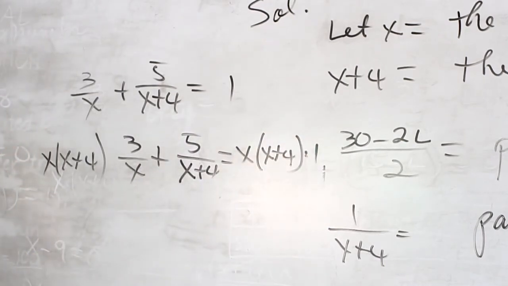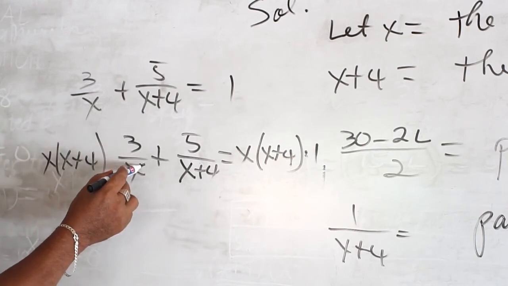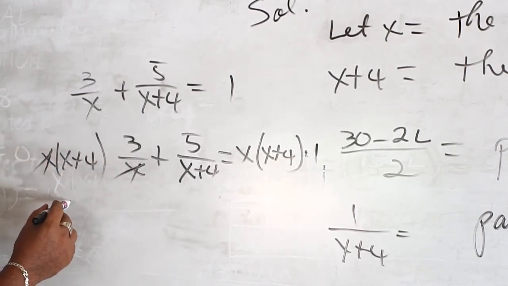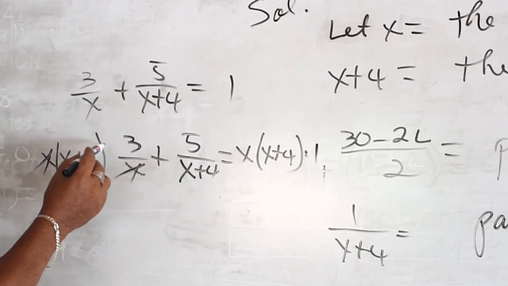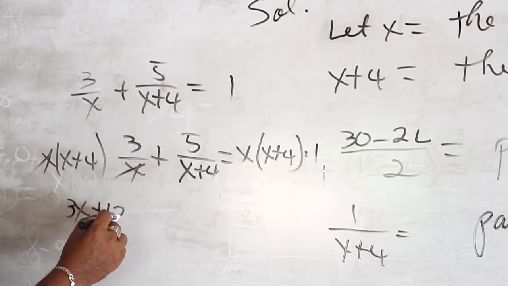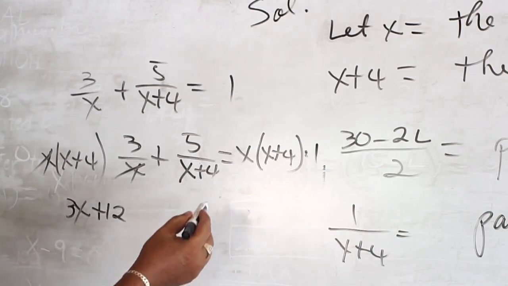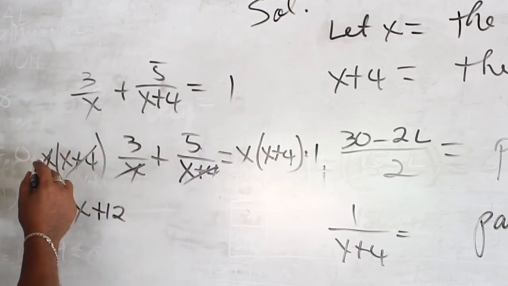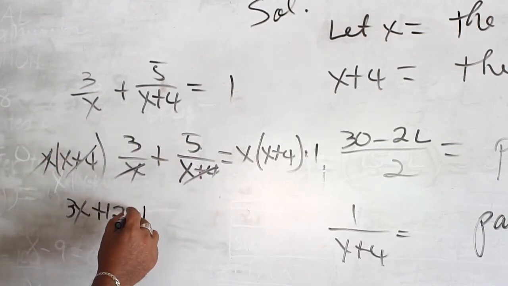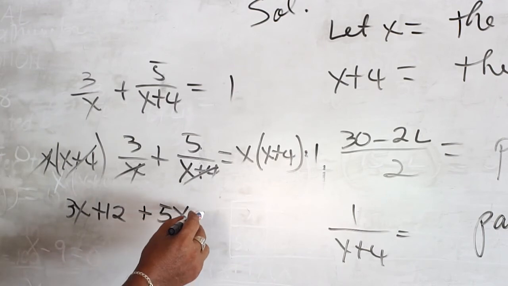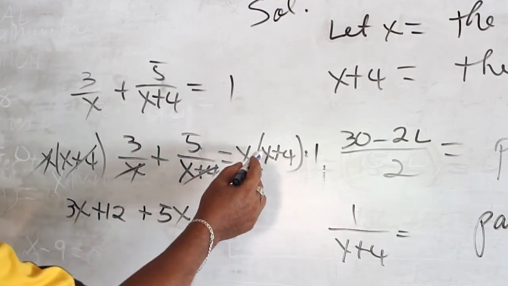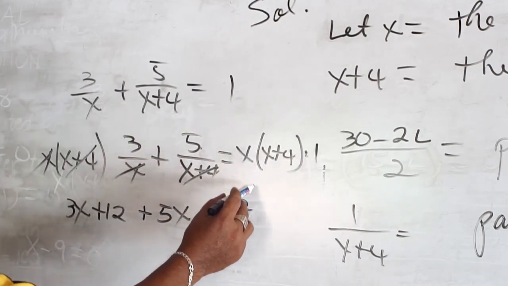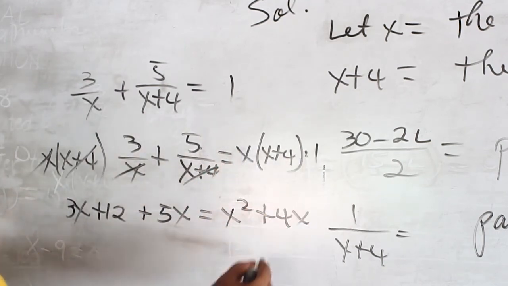Then multiply, and we cancel. 3 times x is 3x, 3 times 4 is positive 12. Then 5 times x is positive 5x. Then equals x times x, that is x squared, and 4 times x is positive 4x.